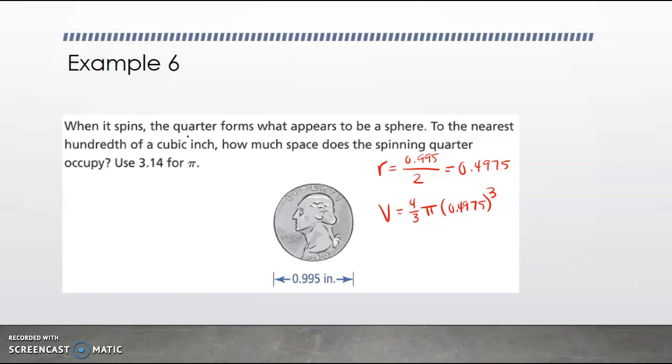Alright, so when we take 0.4975 and we cube it, we keep the 4/3 pi, and we end up with 0.1231. And then I'm going to take that 0.1231 times 4 and then divide by 3.